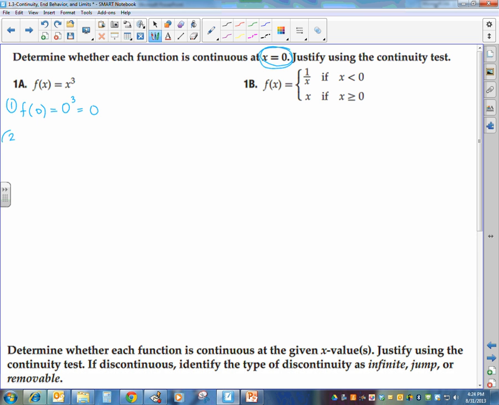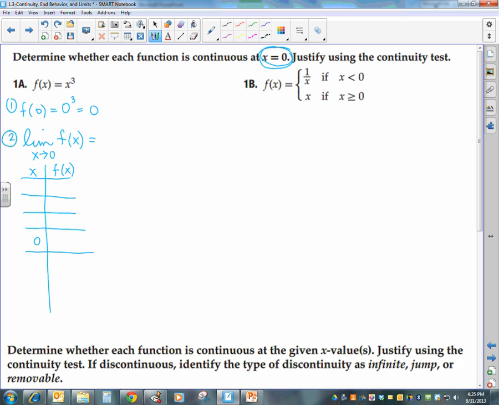Number 2, we're looking for the limit as x approaches 0 of the function, and we're trying to find out if it exists. So I'm going to draw the table vertically this time. We've got our x, we have our f of x, and as you saw, every single time we're going to find 3 numbers on one side of 0 and 3 numbers on the other side of 0.